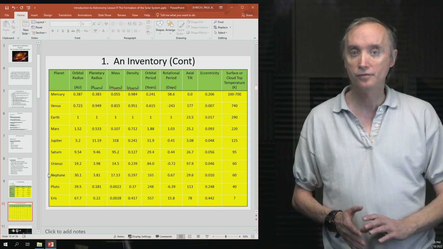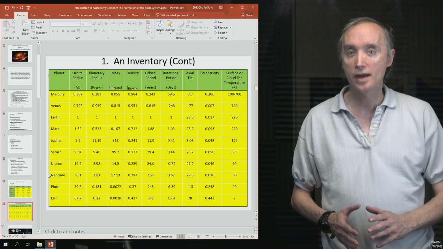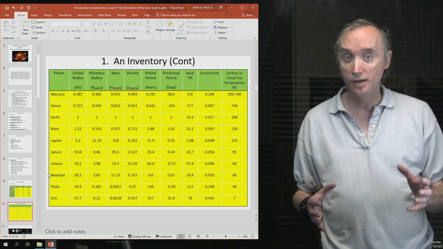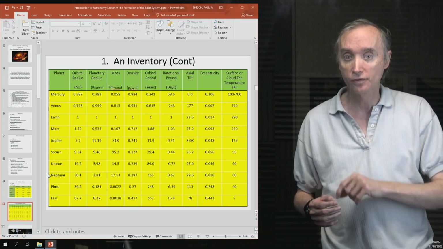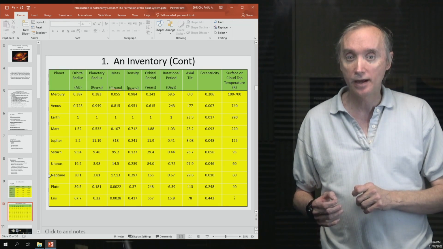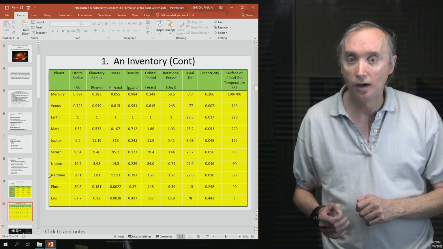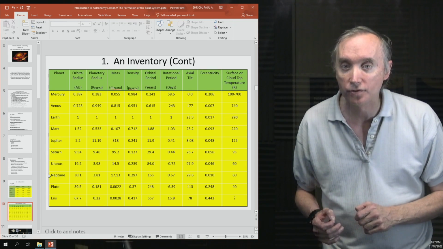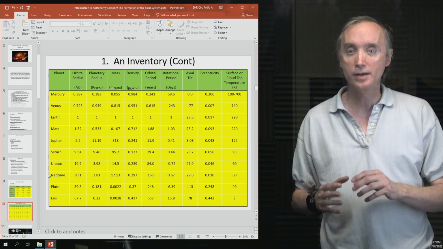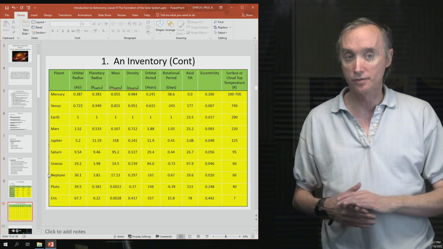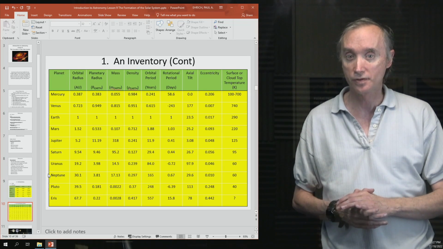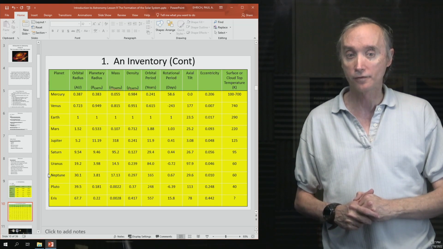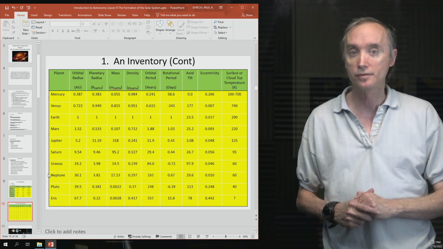So if you say, for example, that the Earth has an orbital radius of 1 AU, then you can look at Mars, for example, and it's going to have an orbital radius of 1.52. That's how far away Mars is in comparison to the Earth. And then you can look at some of those other planets and see how far away they are from the Sun in comparison to the Earth.